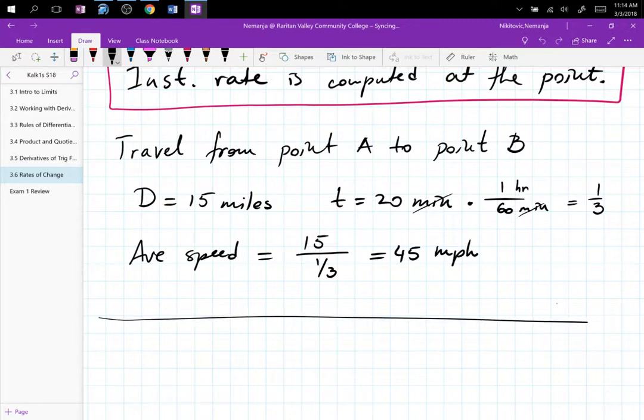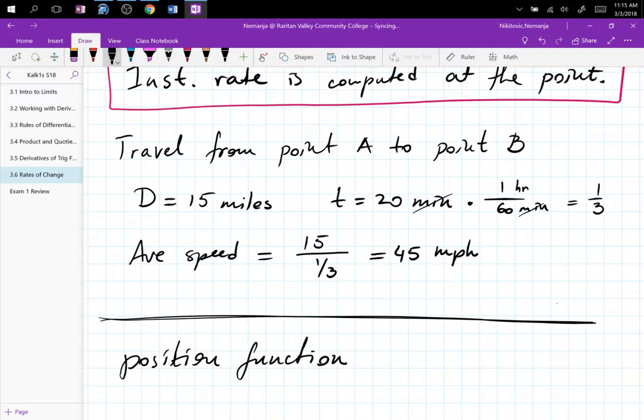Now, what we can do is assign a position function, and call it s of t. My velocity function is going to be v of t, and the acceleration function is a of t.